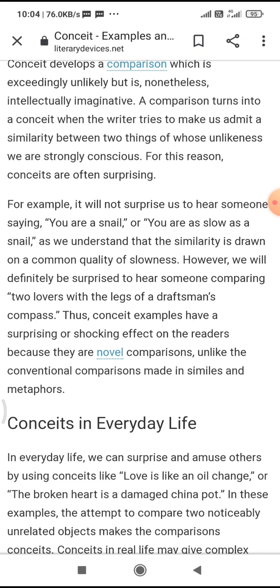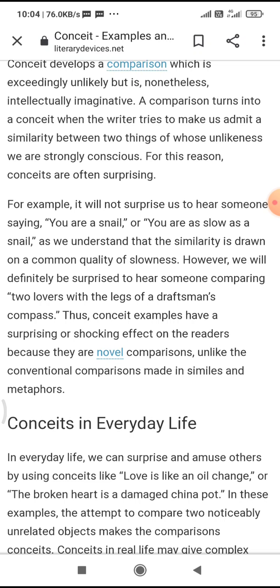Thus, conceit examples have a surprising or shocking effect on the readers because they are novel comparisons, unlike the conventional comparisons made in similes and metaphors.